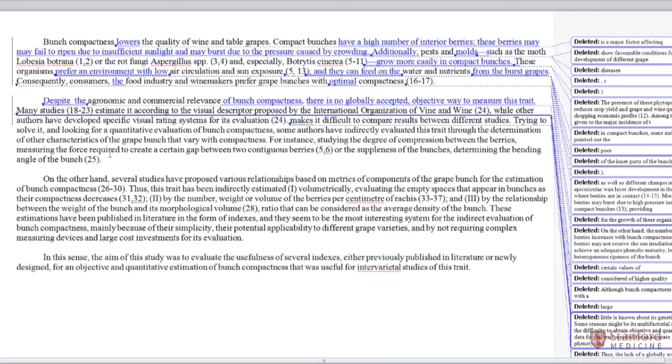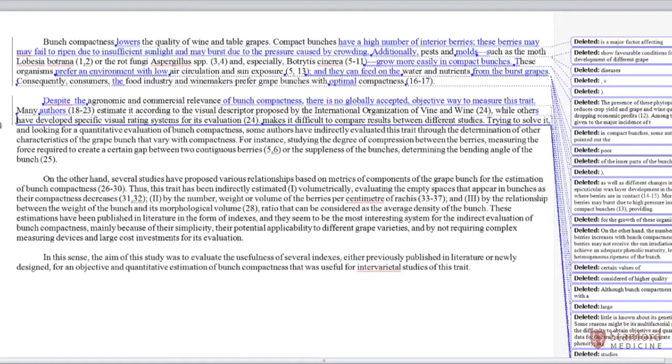So we get then, many studies estimated according to visual descriptor proposed by, and while other authors. Now notice we've got studies estimating and we've got authors developing. I think we should be consistent here. Technically a study can't estimate anything, so maybe we use authors there, many authors, and then we'll just put while others here. So some authors have done this, others have done that.